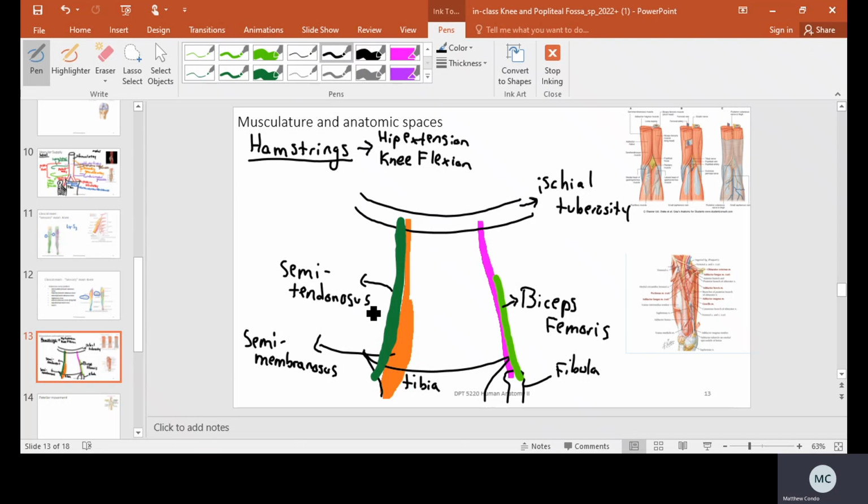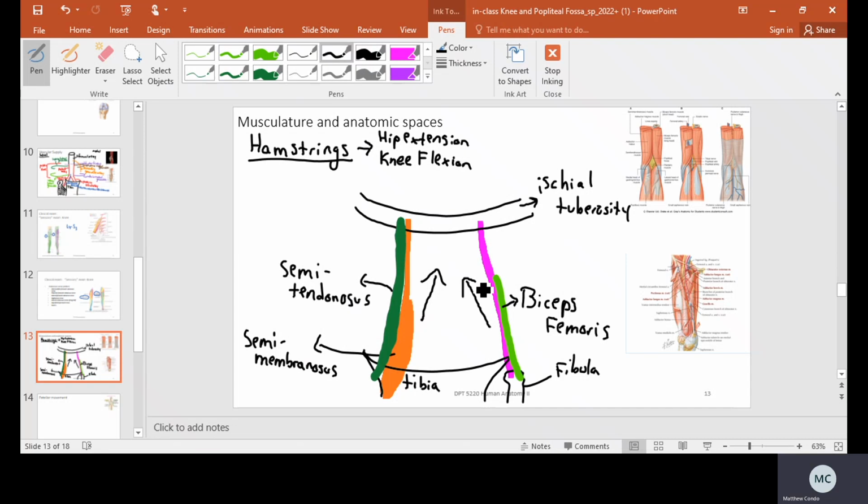I have multiple muscles attaching to different spots that when they work together, they perform one motion. Okay? And the reason is because I have vectors. Again, you're not ever going to get away from vectors in the human body. I have a vector that's headed this direction. I have a vector that's headed that direction.